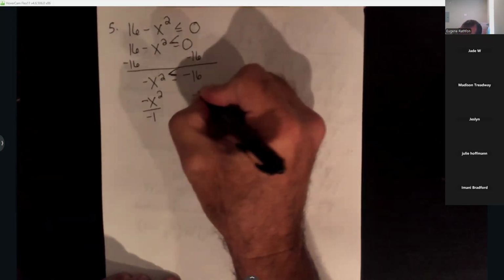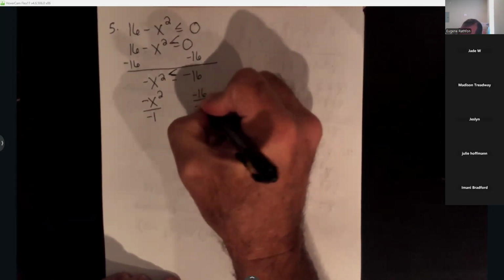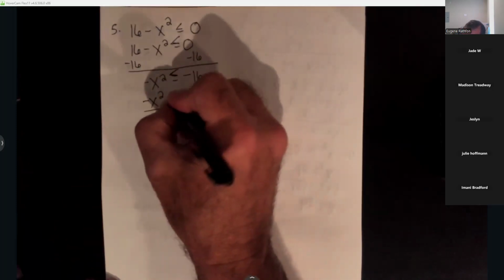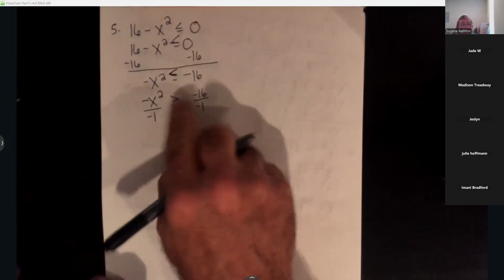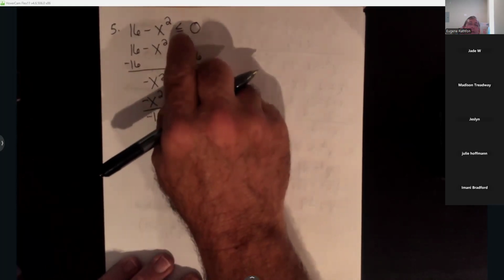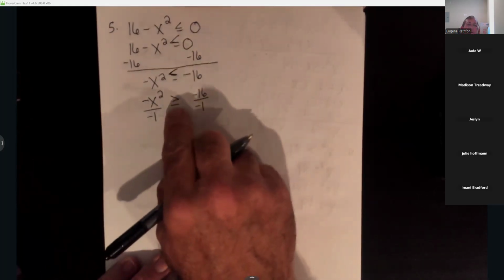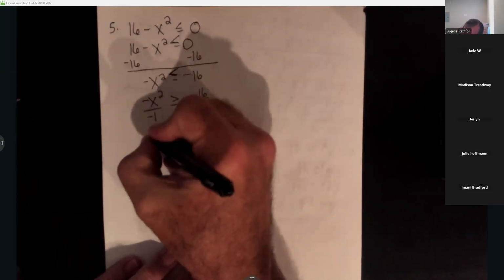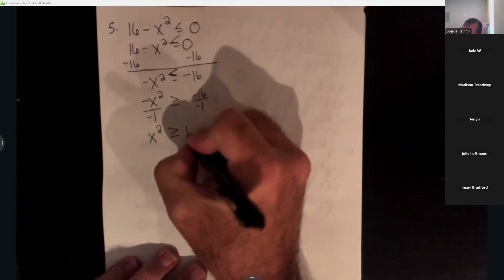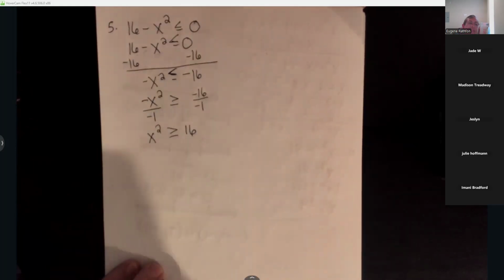So what's that mean, since I'm dividing by -1? I got to flip the sign. Exactly. So if you physically don't see it happening, you might not realize that up here, but this is really greater than or equal. I got x squared greater than or equal to a positive 16, okay?